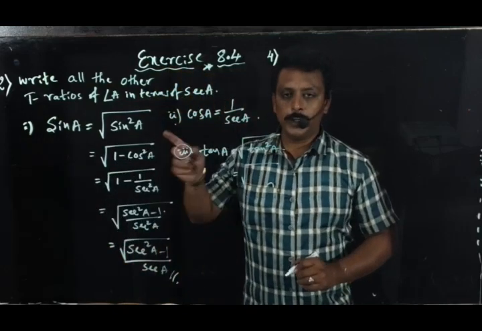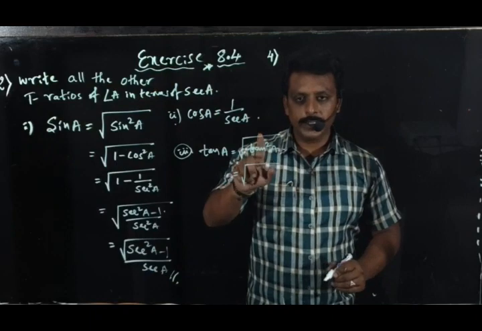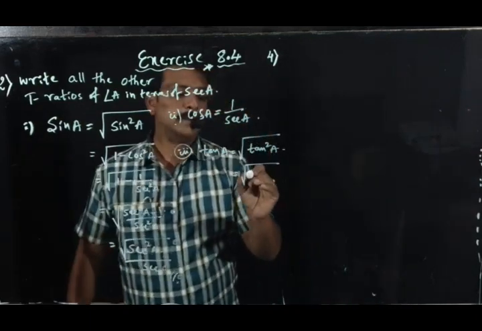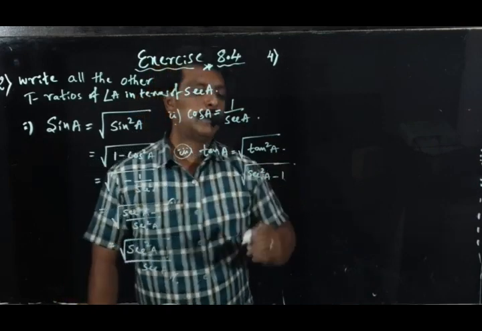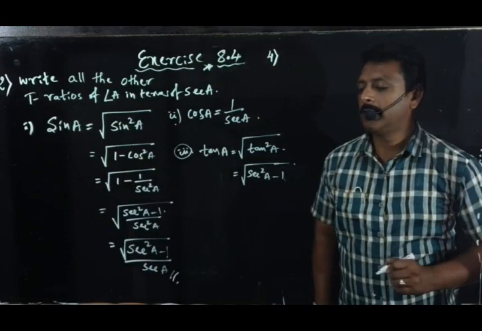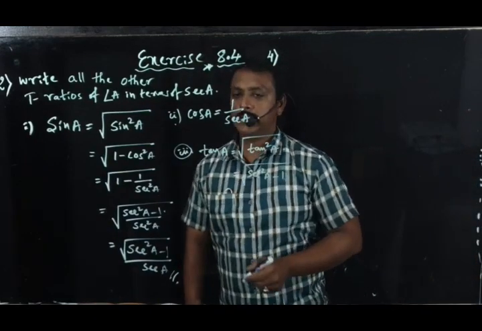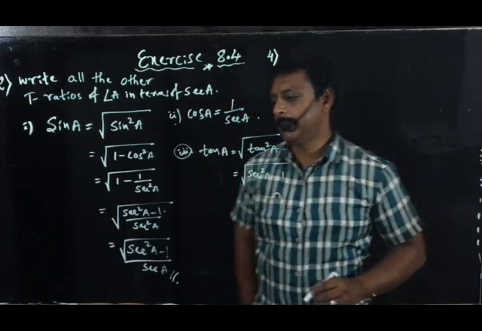There we learnt 1 plus tan square theta is equal to sec square theta. If you want only tan square theta, you have to send the 1 to that side. Then what will you get? Tan square A is equal to sec square A minus 1. So tan A is equal to square root of sec square A minus 1, in terms of sec.